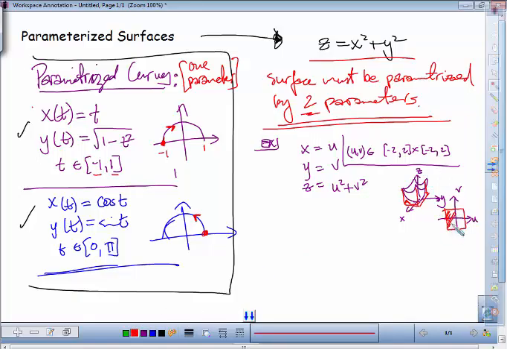Our domain comes from somewhere else, but since x is equal to u and y is equal to v, we can easily slip those in, and it'll look like that's how it's related. That would be the domain that goes in for u and v.